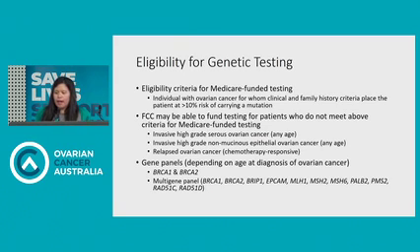So there are a few tools that we can use where we put in the woman's diagnosis and the family history, and the tool will help us determine the probability that an individual carries a BRCA mutation. And there are a few things that the tool will take into consideration.